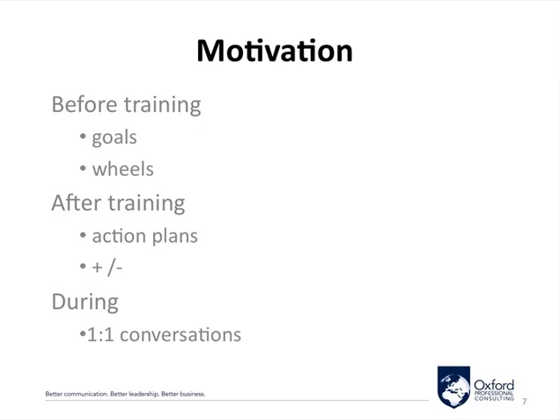And the reason for having the different goals is that within the one-to-one conversation around the goals, you can really dig in there and find out what makes their eyes shine, what really is motivating for them. And then that's something that you can refer back to when motivation goes down.